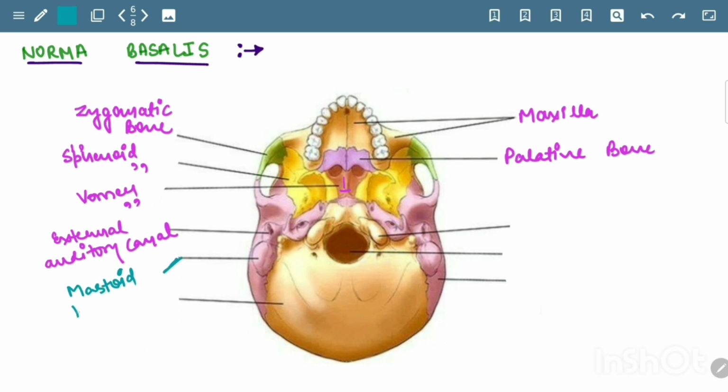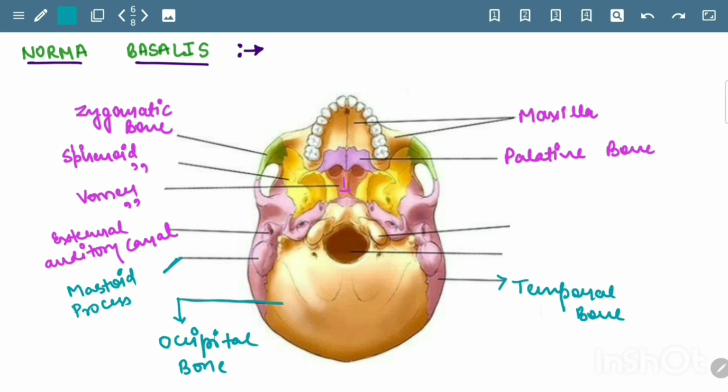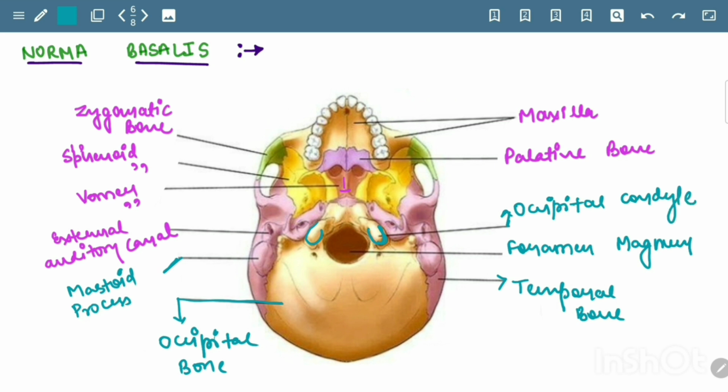This is mastoid process. This bone is occipital bone. This is temporal bone. This is foramen magnum. And these two are occipital condyles.